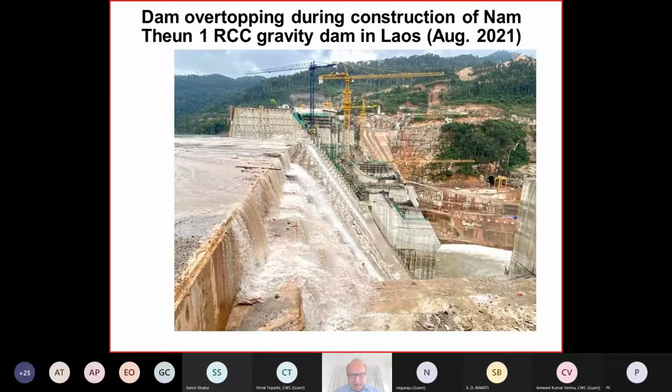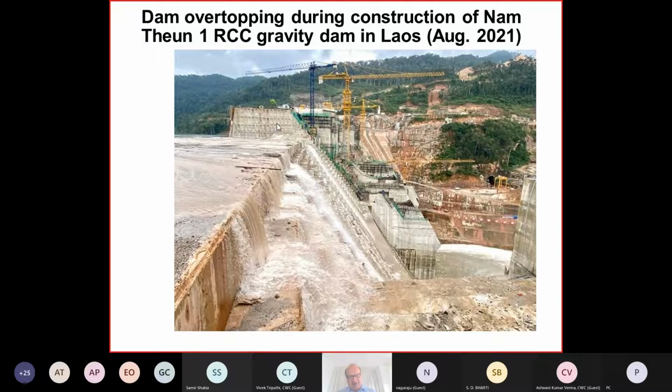Okay, just before somebody asked me about joints in gravity dams. This is an RCC dam, I must say, and maybe you can see here in this case, people have provided shear keys, to limit relative movements.